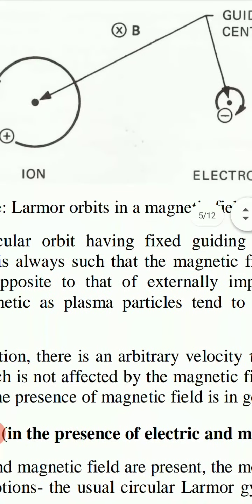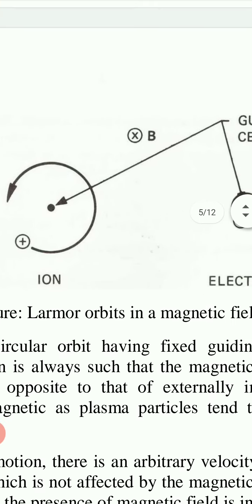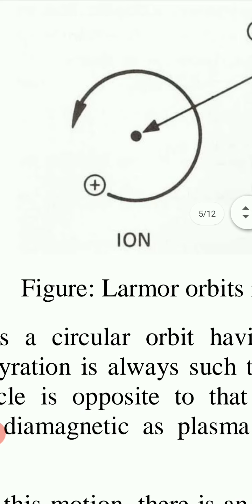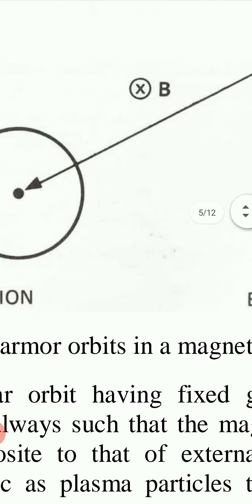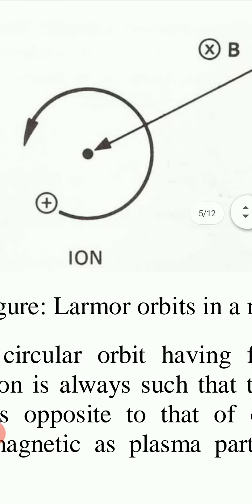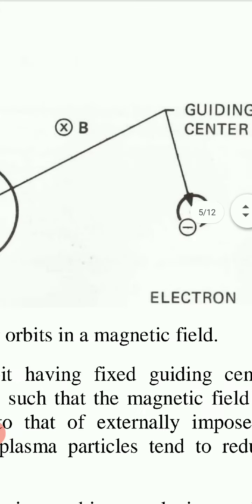The direction of motion of this charge is such that if this motion of the charged particle produces a magnetic field, then that must oppose the externally applied magnetic field. The magnetic field due to the motion of this ion must be in the opposite direction to this B vector. So positively charged ions and negatively charged particles move in opposite directions.